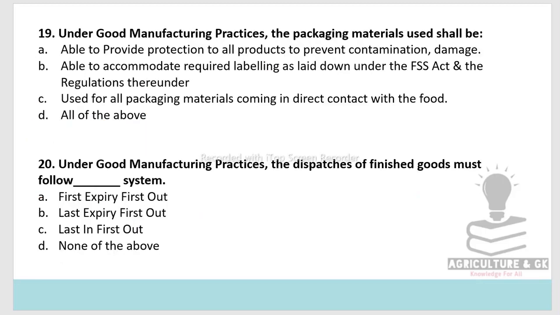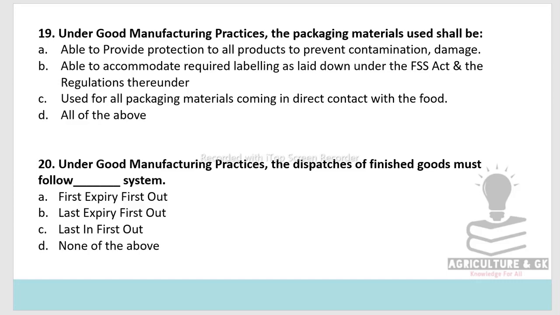Our next question is, under good manufacturing practices, the packaging materials used shall be able to provide protection to all products to prevent contamination, damage, able to accommodate required labeling as laid down under the FSS Act and the regulations thereunder, used for all packaging materials coming in direct contact with food, or all of the above.